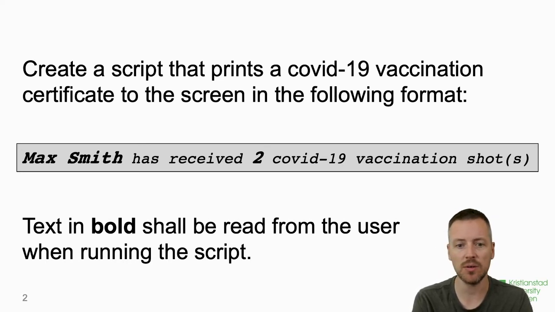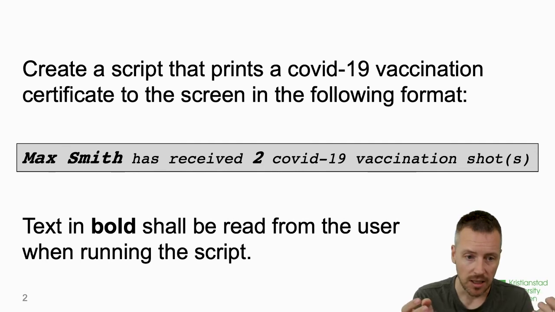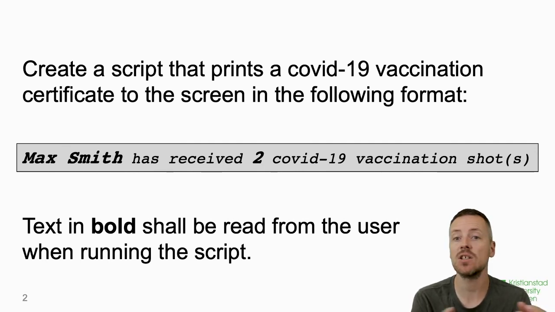But instead of just looking at answers for those, I was thinking that we can do an example together. So what we will do now is the example that we see here behind me. We will create a script that prints a vaccination certificate to the screen, given the format that we see here. And we see that Max Smith and 2 are in bold.